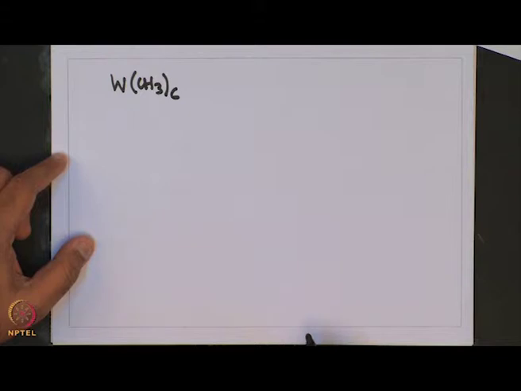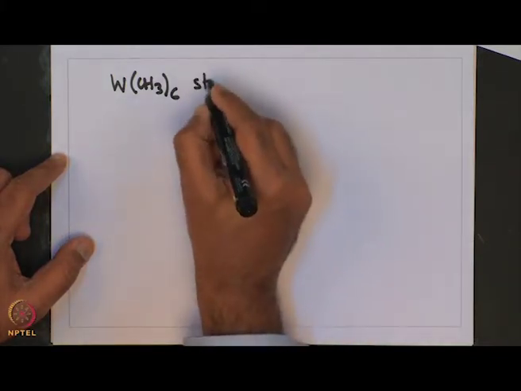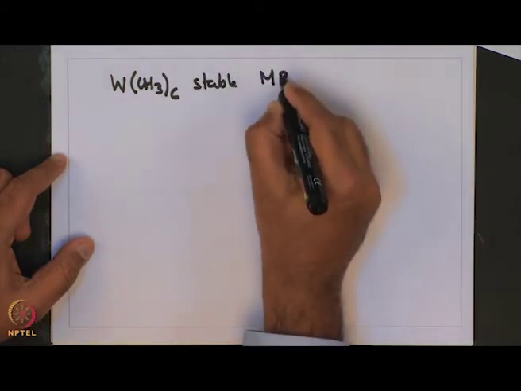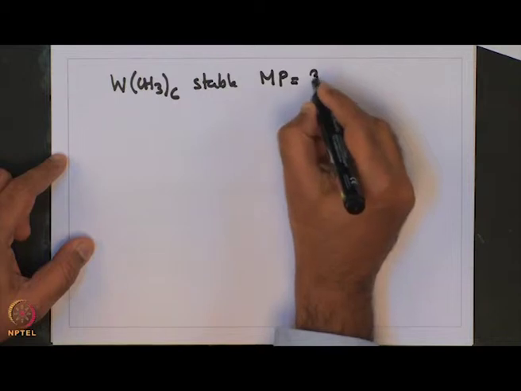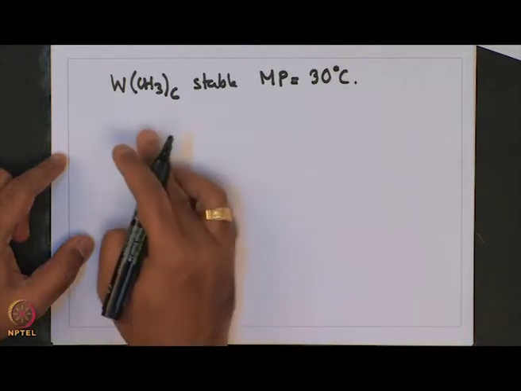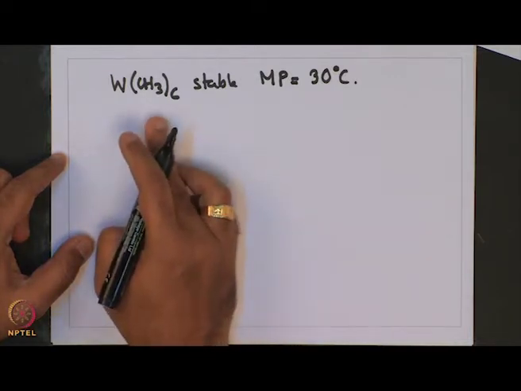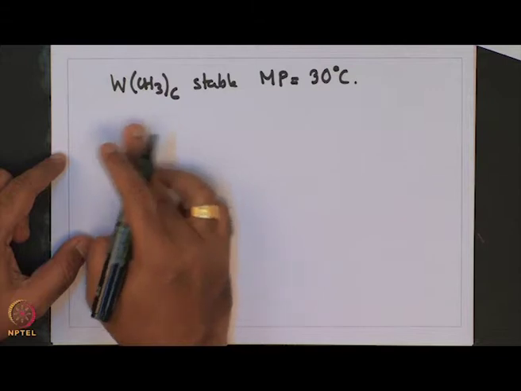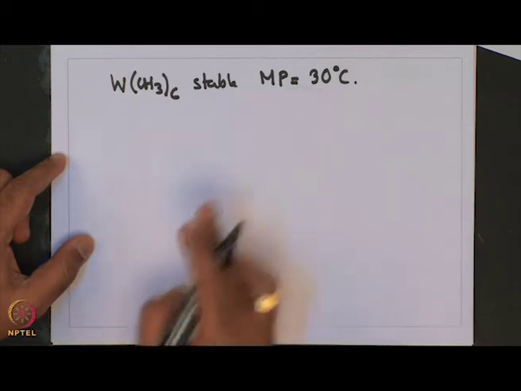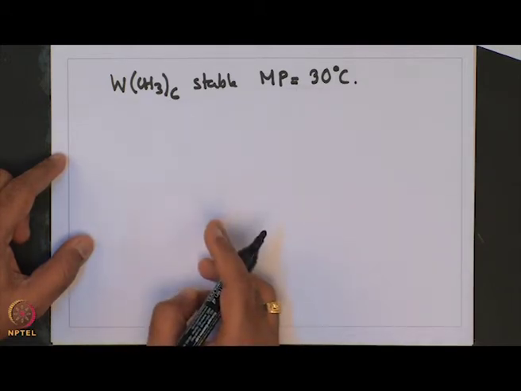This is relatively very stable and has a melting point of 30 degree centigrade. This is one of the rare homoleptic complexes where the metal methyl homoleptic complex is so stable that its melting point is around 30 degree centigrade.